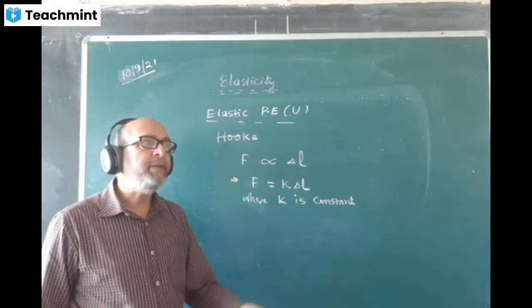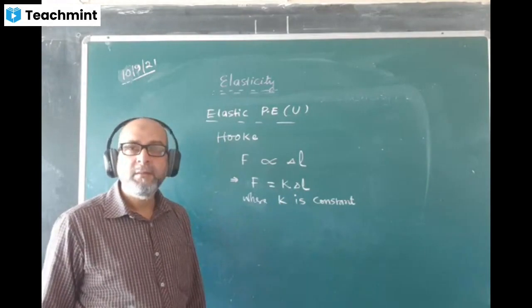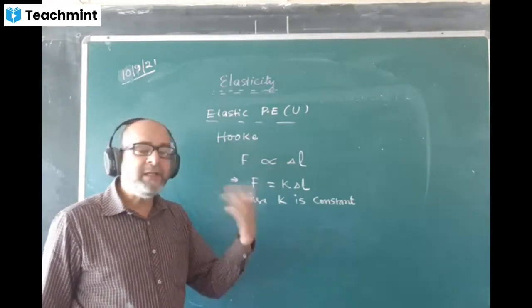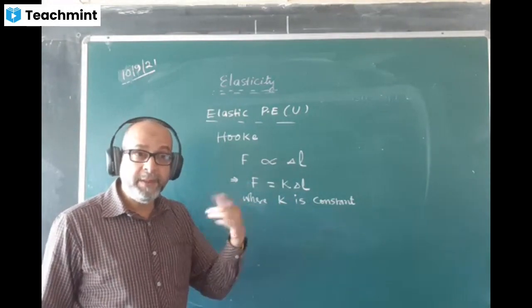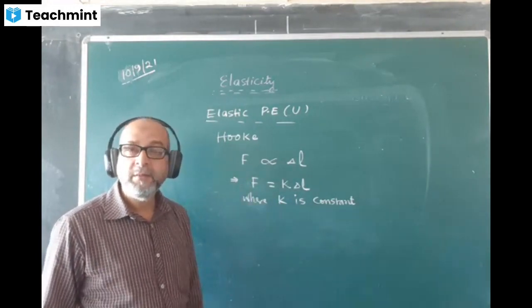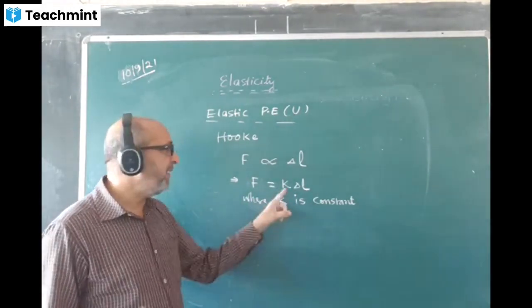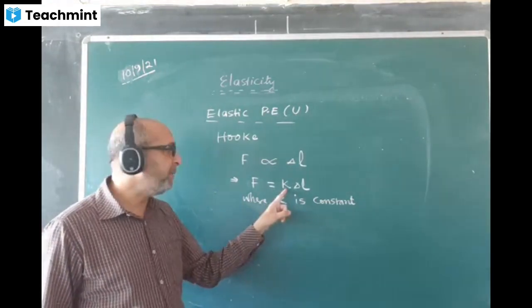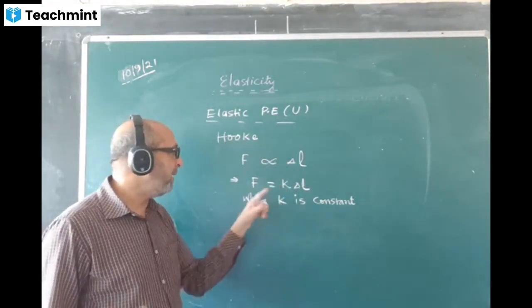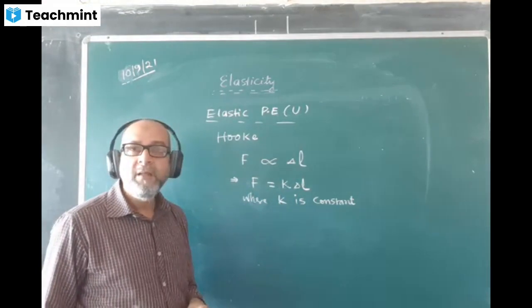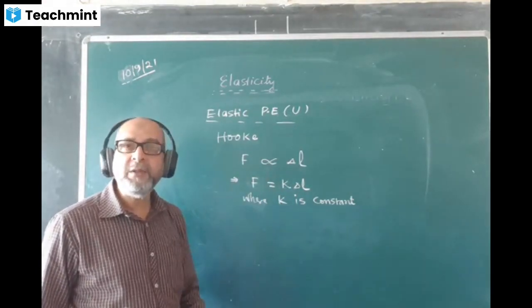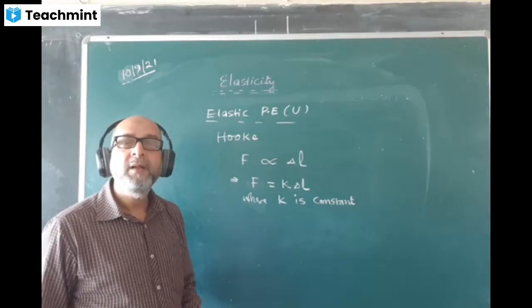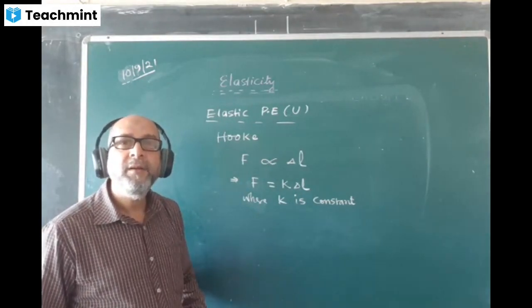If it is a rubber, we say rubber constant. That will depend upon the ability of that material. And this K will have units and also dimension. K will have units F by delta L, newton per meter. And then accordingly you can find the dimension also. So K changes with change in material.